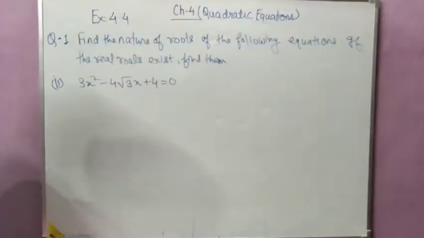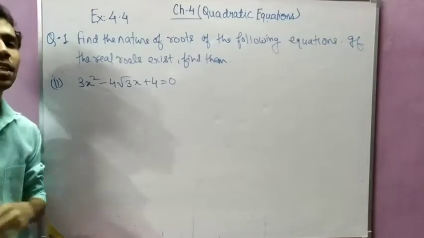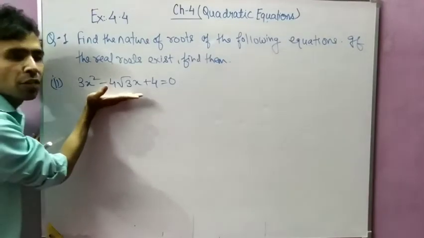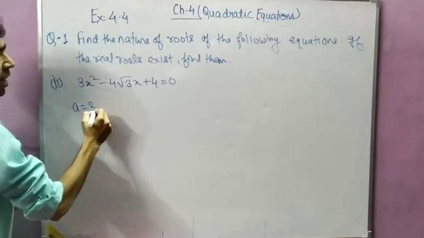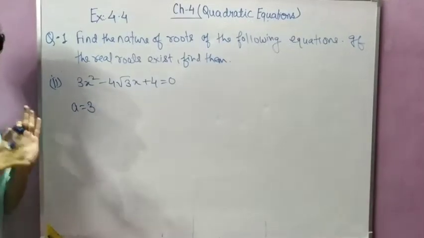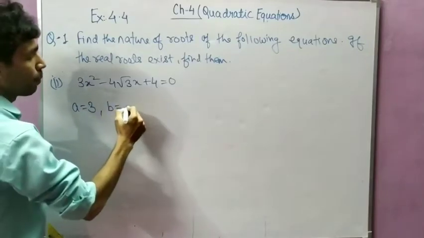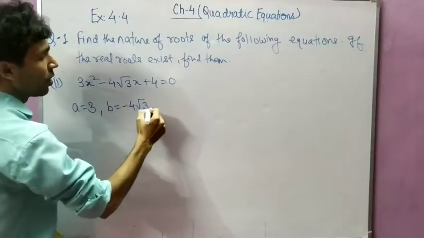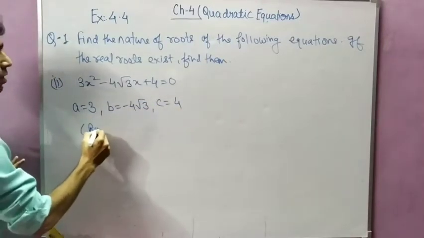Now, students, see. Again, we have to identify the nature of roots. When we compare this equation with the general form of quadratic equations, the value of a will come 3, the value of b will come minus 4 root 3, and the value of c will come 4.